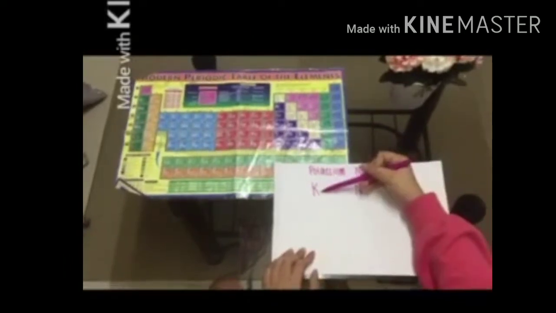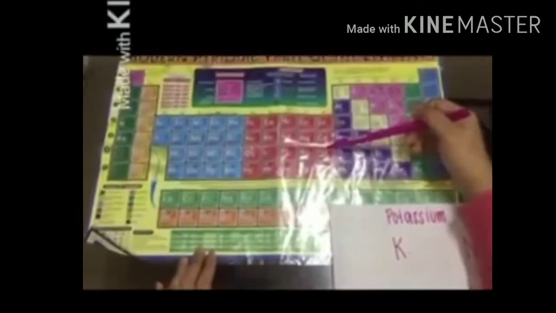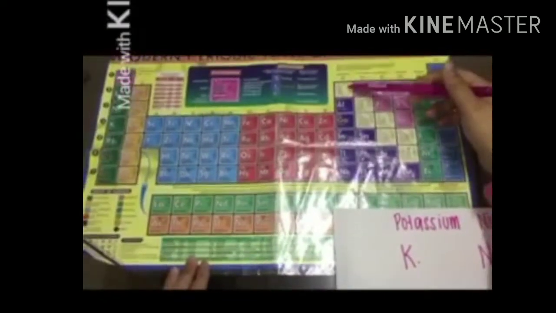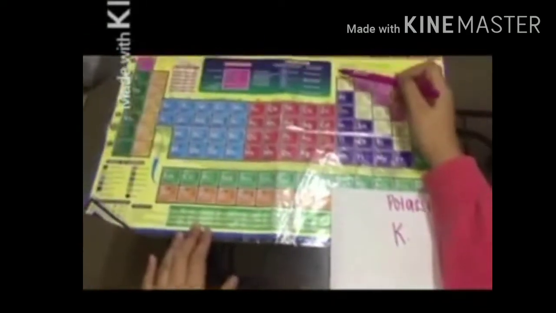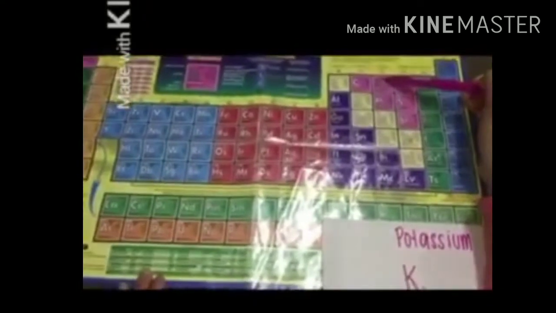Potassium has a charge of positive 1 because the column here has the positive 1, here is a positive 2. Then all of them, here and here and here, are transition metals. Then here is the positive 3, the negative 3, negative 2, and negative 1.